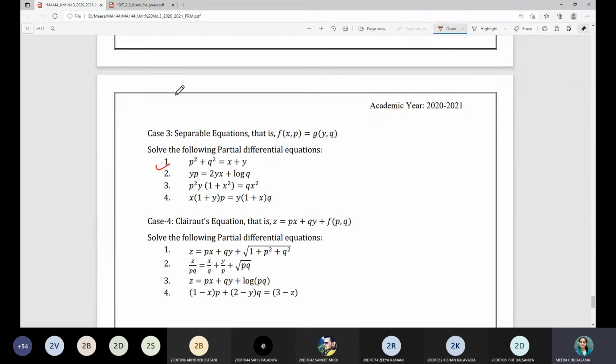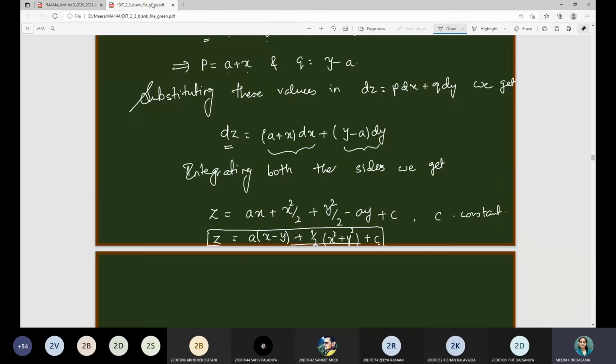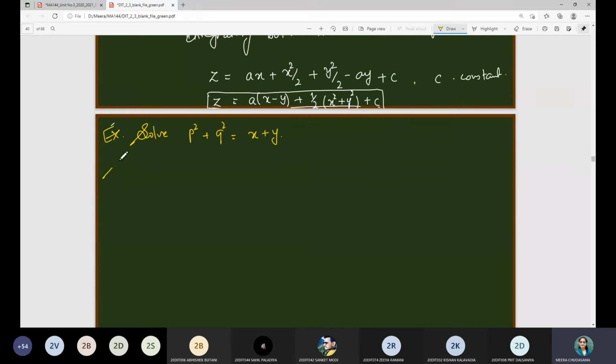P square plus q square is equal to x plus y. P square plus q square is equal to x plus y, right? So solution, will give this as 1.